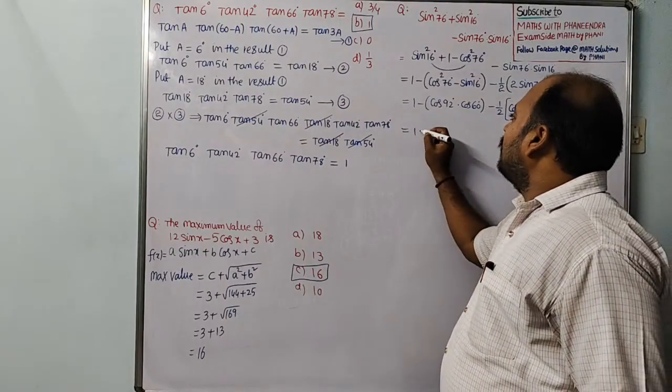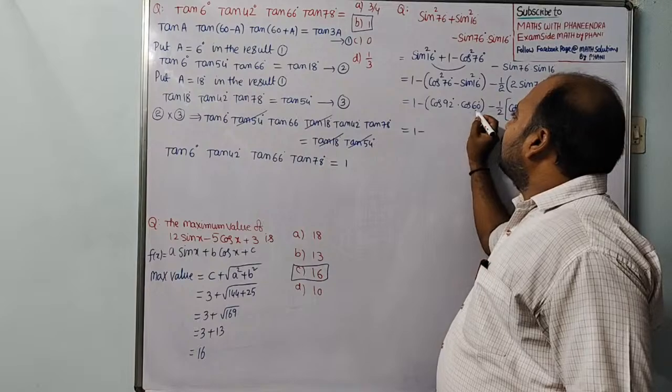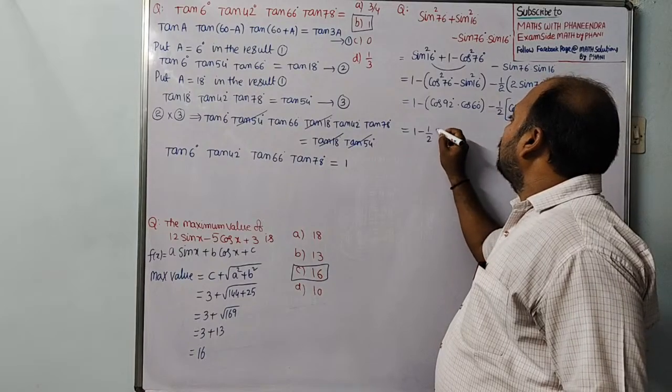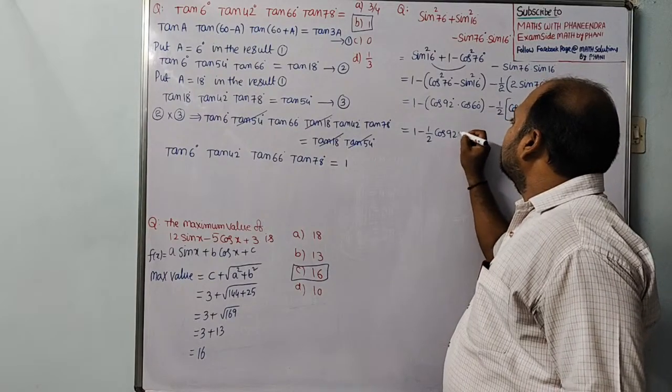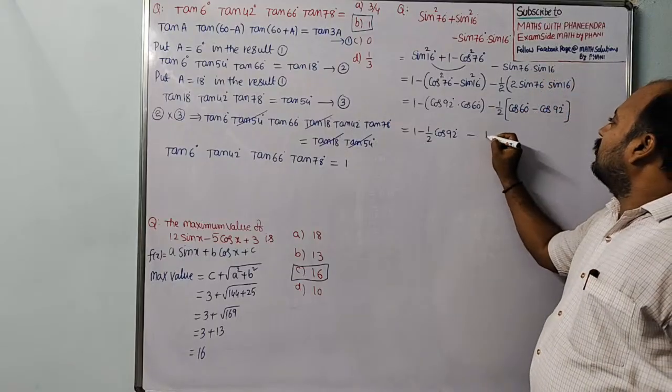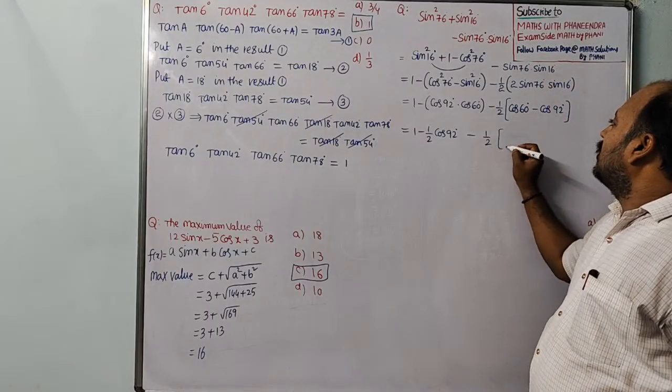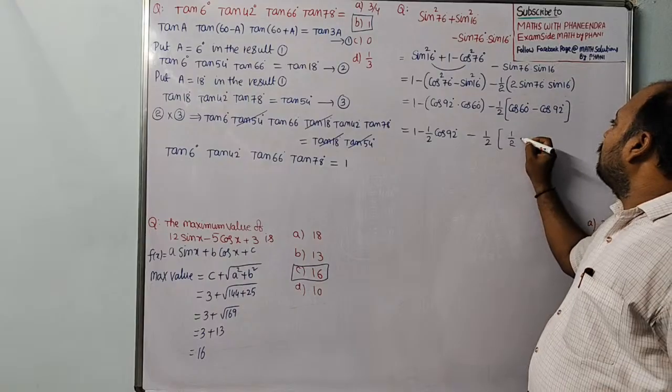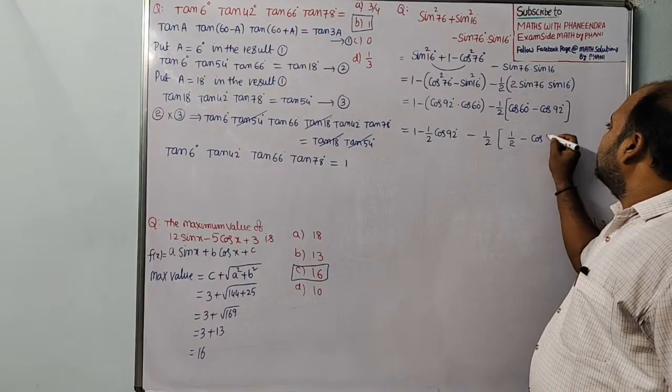So, 1 minus, cos 60 value is 1 by 2, so 1 by 2 into cos 92 degrees minus 1 by 2 into cos 60 value, which is 1 by 2, minus cos 92 degrees.